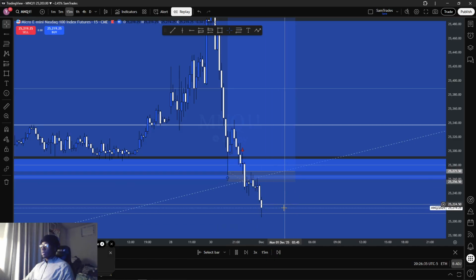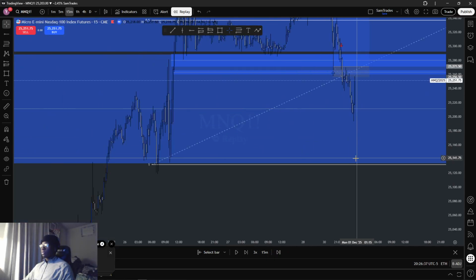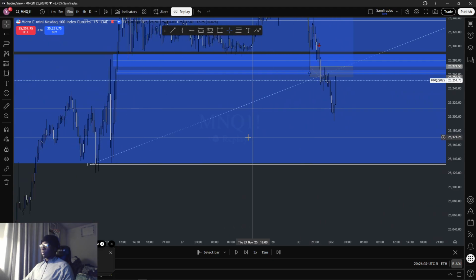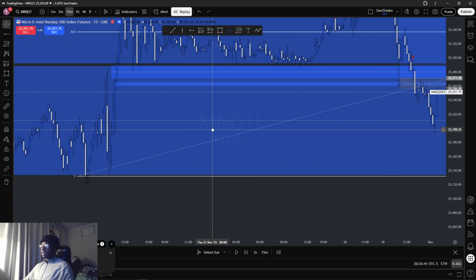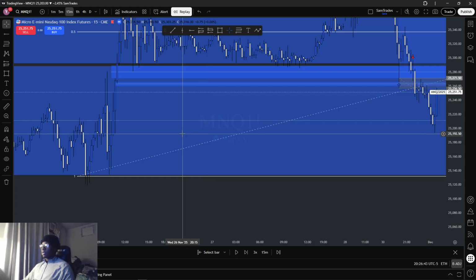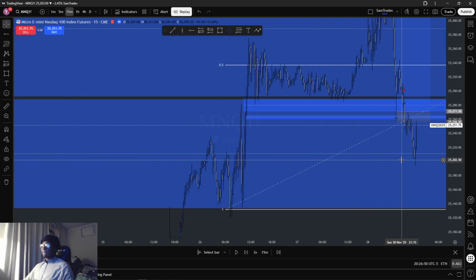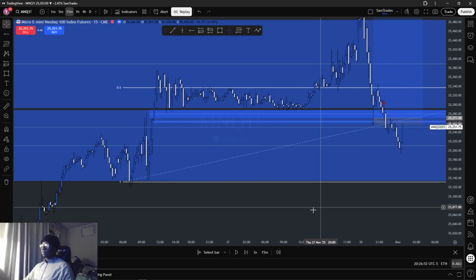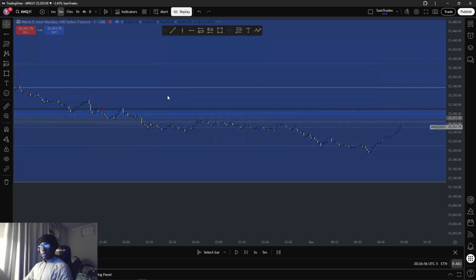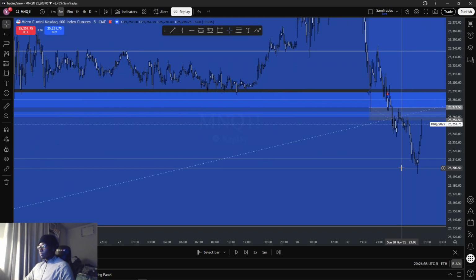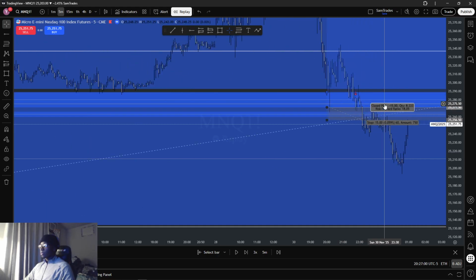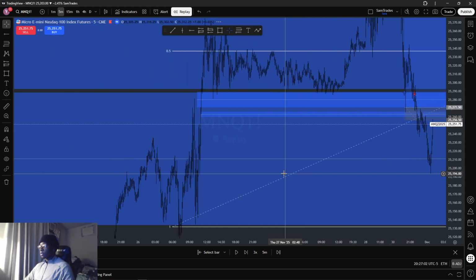So we do get stopped out, and price bounces off this level instead, not sweeping it, but tapping, like double bottoming it. So let's see why that one got filled.